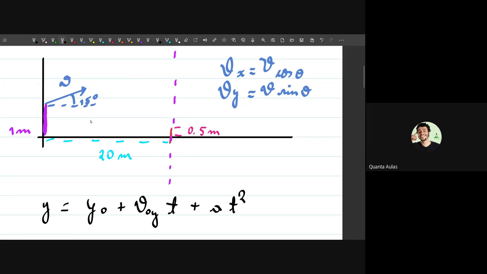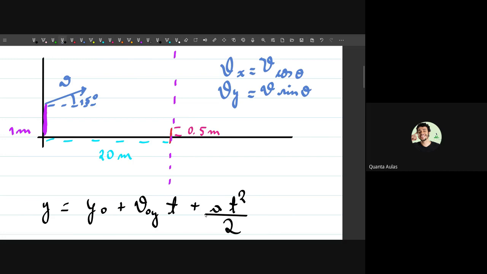Do you remember this equation? We saw this a lot of times. I suppose you remember. Yeah. Okay.